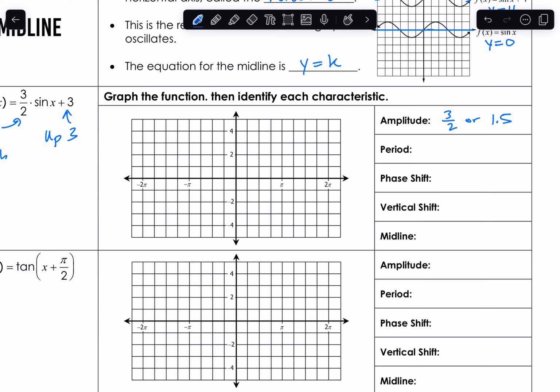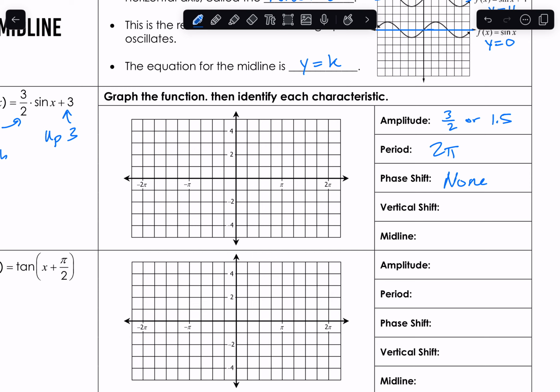My period is changed by my B. In this case there's no B there, so it hasn't changed. Normally it's 2 pi. The phase shift is what happens when I shift it left or right. That hasn't happened, so we say none. There is no phase shift.